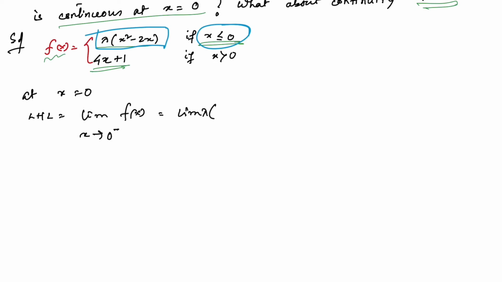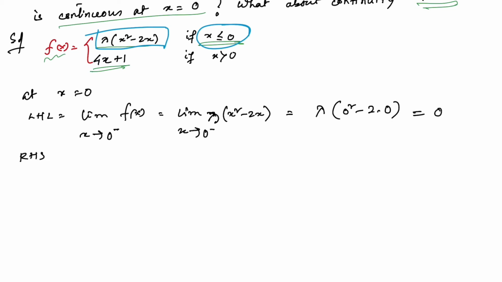So limit of lambda x square minus twice x, x tends to 0 negative. Replace it by 0: lambda into 0 square minus 2 into 0, that's lambda into 0, that means 0. Now let's find the right hand limit.